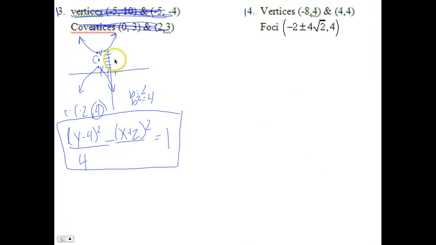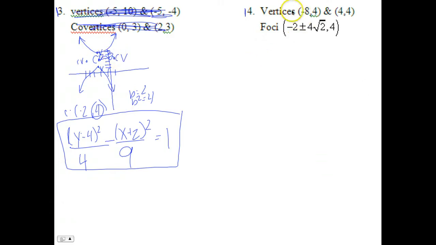Those are the values 1, 4, and then negative 5, 4. So the distance from the center to the covertices is 3. So we have 1, 2, 3. 3 squared is 9. So that's the equation of that hyperbola.